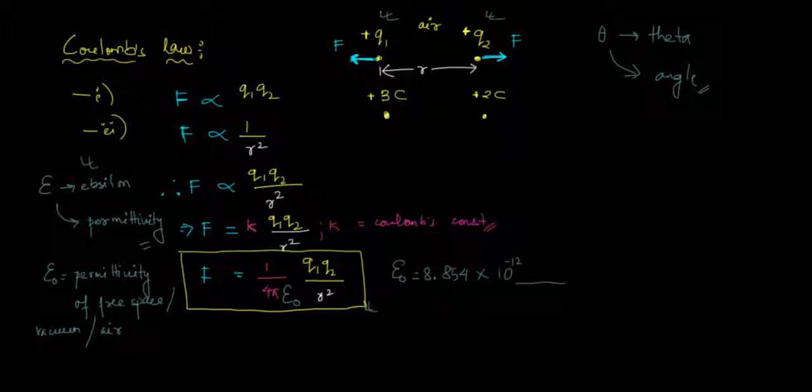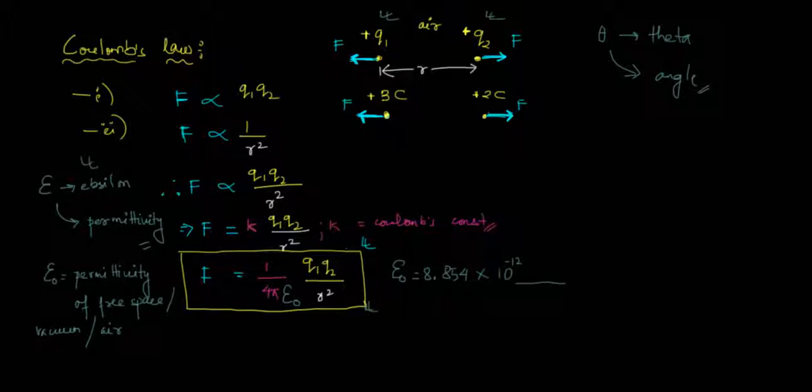They repel. The force on the 3 coulomb charge from the 2 coulomb charge, and on the 2 coulomb charge from the 3 coulomb charge, are the same amount of force; they have equal magnitudes. Let's call it F.